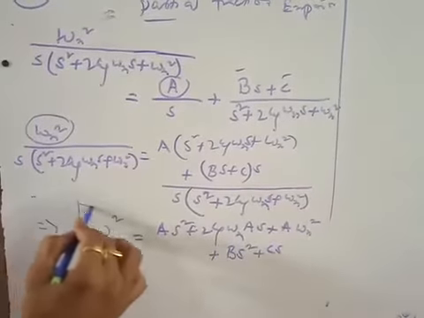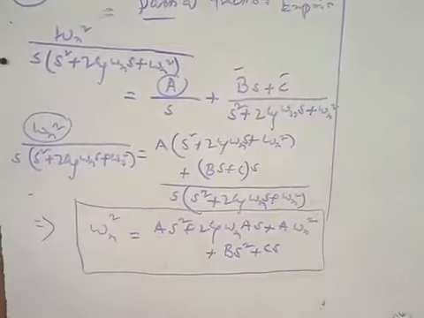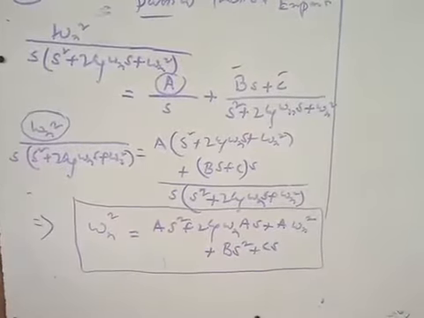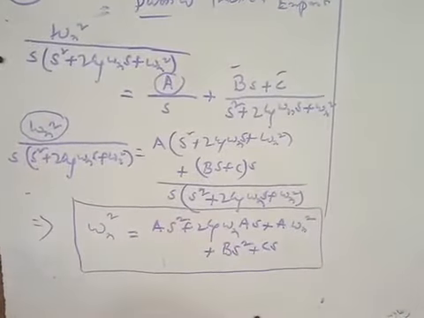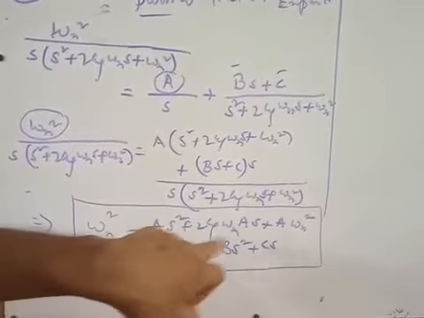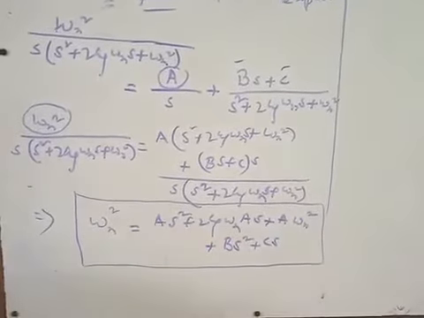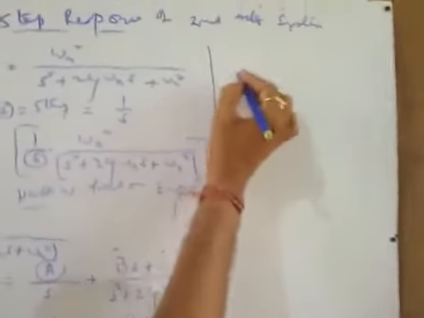Now the equation becomes like this, and on the right hand side, if you take the coefficient of s square, coefficient of s and coefficient of s to the power 0, what are you getting?